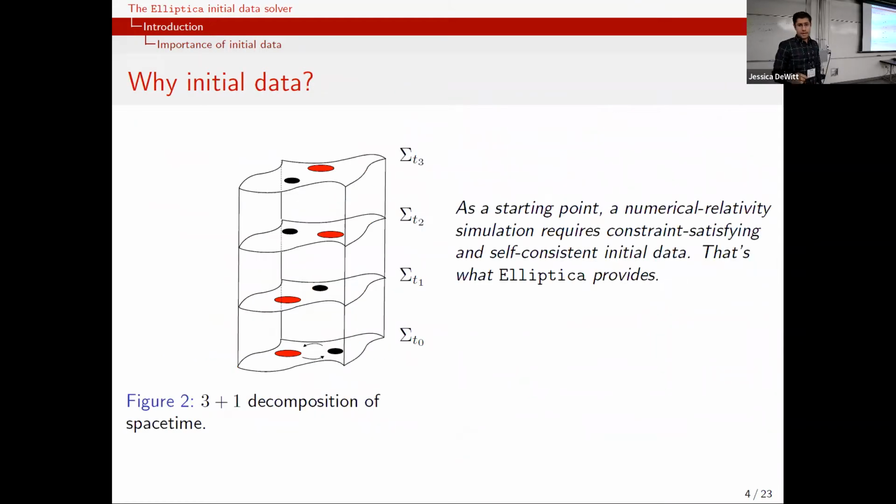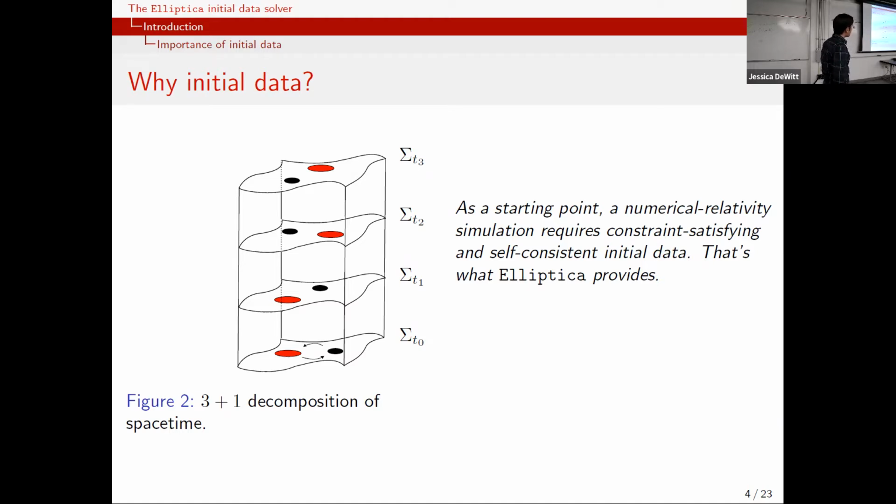Okay, so the general method that we use for numerical relativity simulation, as was mentioned this morning by Dr. Wittek, is that we split the space-time into a stack of hypersurfaces. We label them with different times, like Sigma T0, Sigma T1, Sigma T2.